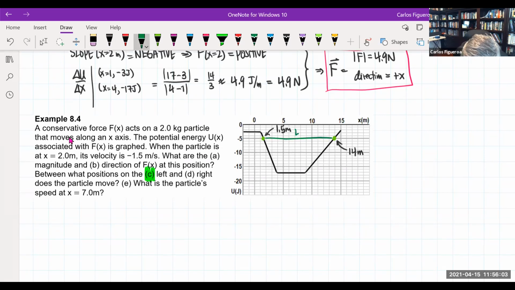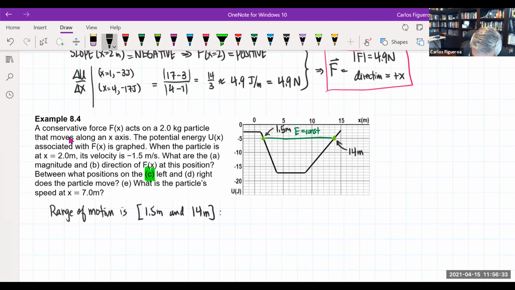This is the line where the total energy was a constant. That's what determines that. So if I look at C here, the range of motion is between 1.5 meters and 14 meters.